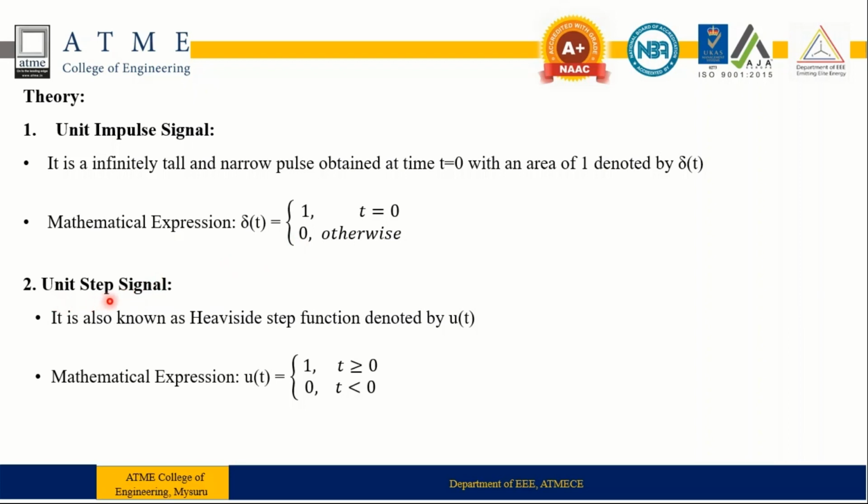Whereas the unit step signal is also called the Heaviside step function, which we normally denote by u of t. So mathematically u of t is expressed as equal to 1 for time t greater than or equal to 0, and for t less than 0, the amplitude of u of t will be 0.